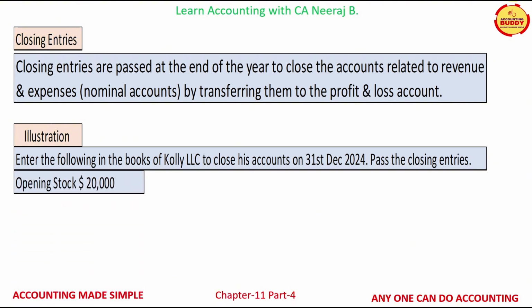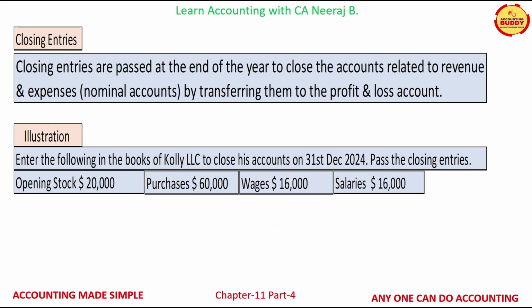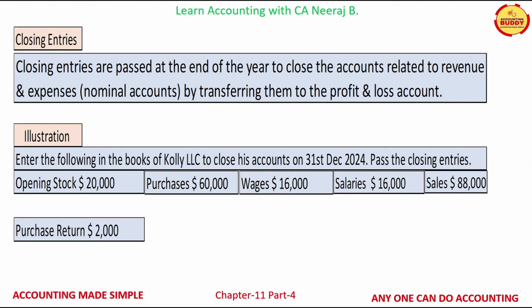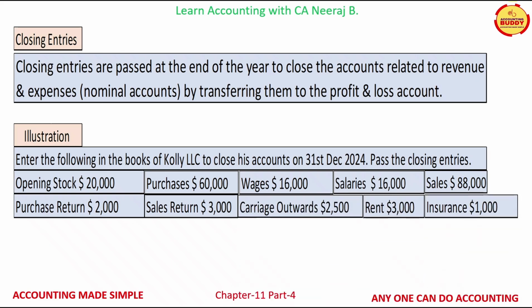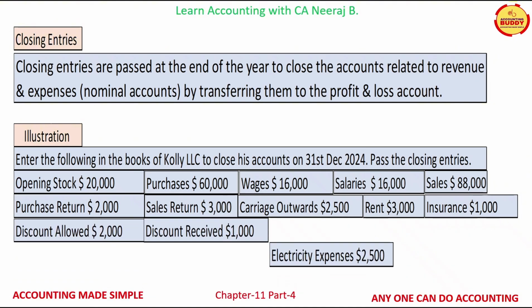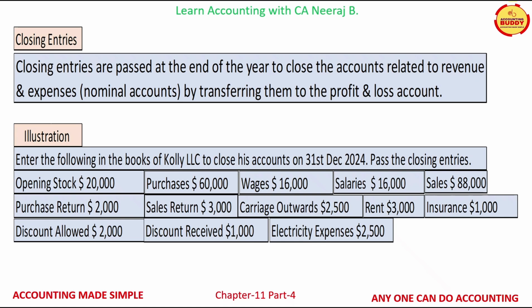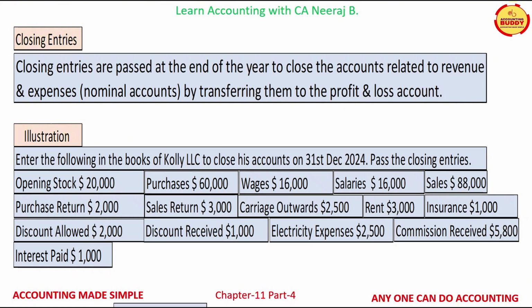Opening stock of $20,000, purchase of $60,000, wages $16,000, salaries $16,000, sales $88,000, purchase returns $2,000, sales return $3,000, carriage outward $2,500, rent $3,000, insurance $1,000, discount allowed $2,000, discount received $1,000, electricity expenses $2,500, commission received $5,800, interest paid $1,000 and closing stock of $40,000.